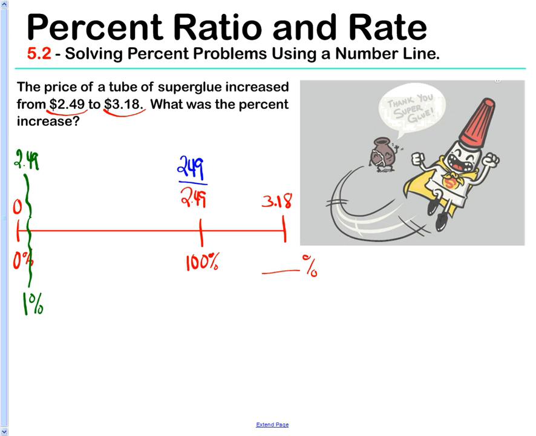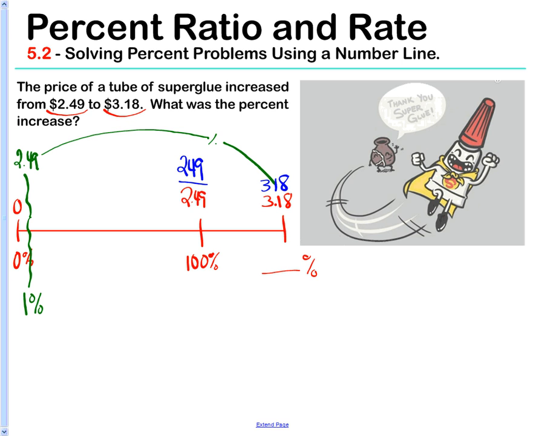Okay? So we have 2.49 pennies equaling 1%. Now we need to find out how many 2.49 pennies go into 318, not $3.18, but instead 318 pennies, and we should be able to get our answer.